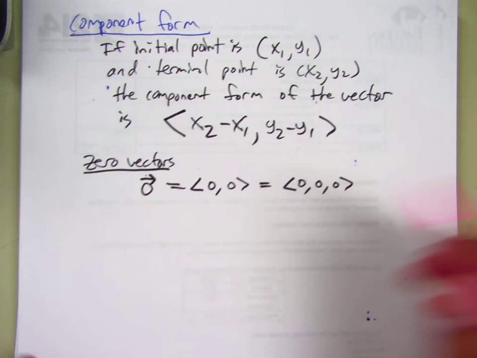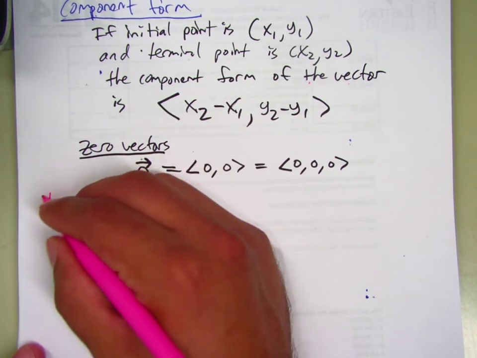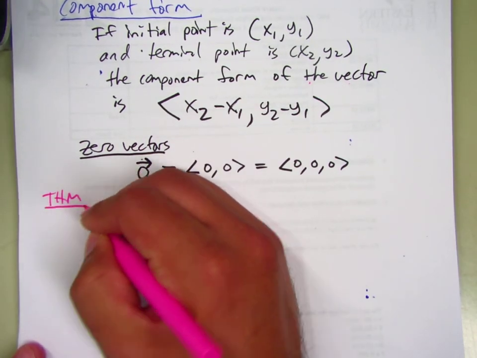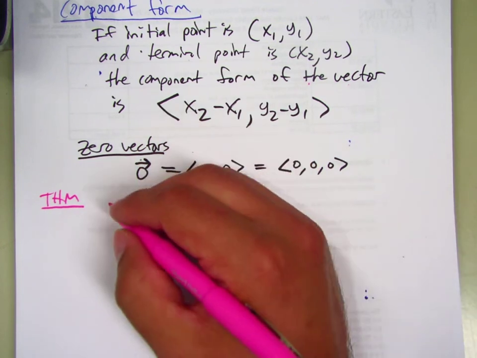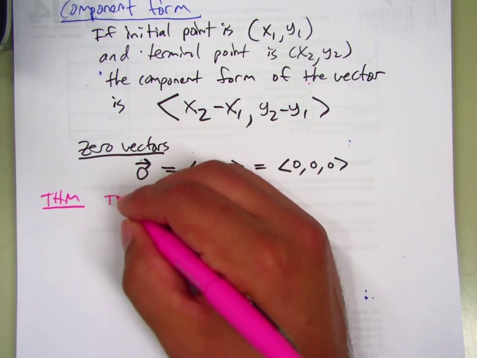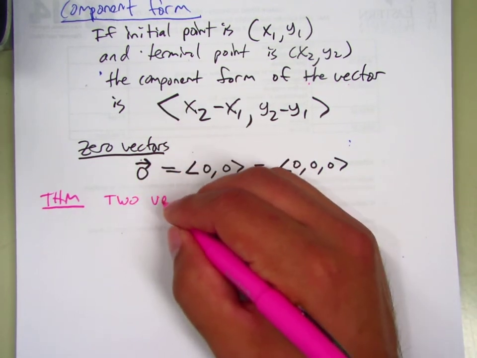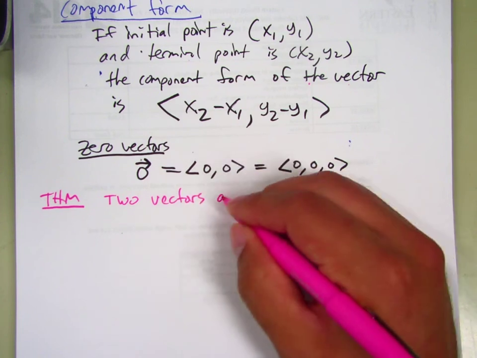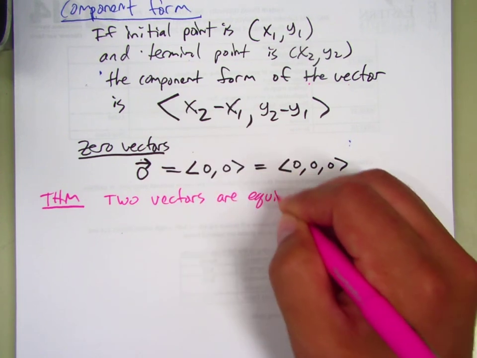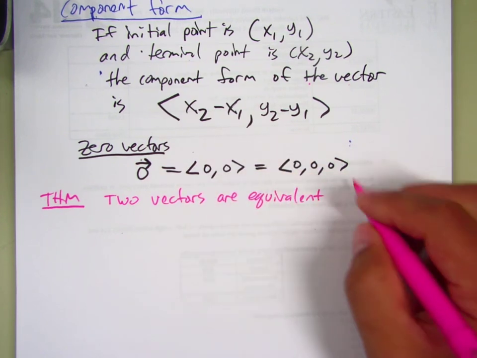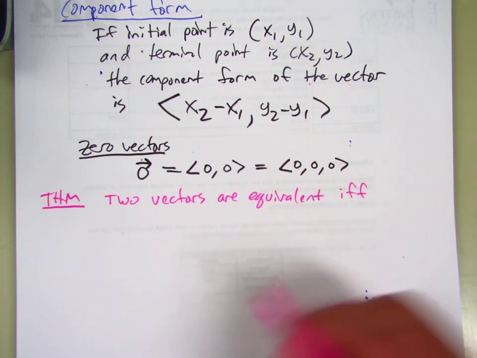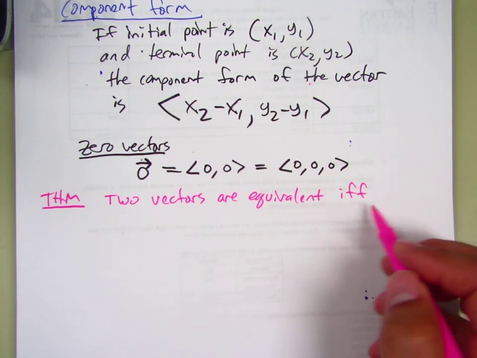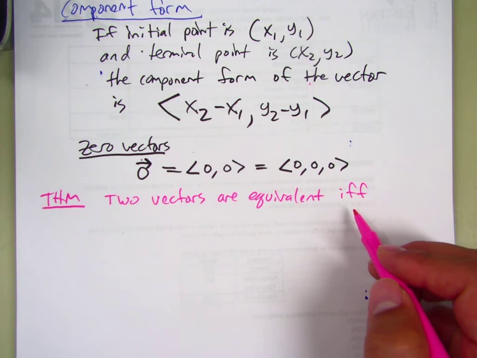All right. Quick little theorem, which we don't have to prove because it's kind of intuitive and we should understand what it's saying. 2 vectors are equivalent if and only if, by the way, this is the abbreviation that we typically use for if and only if.